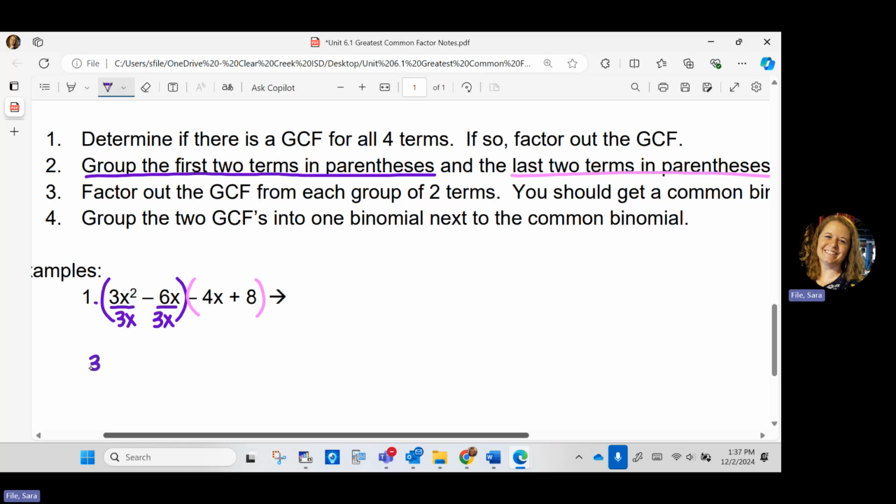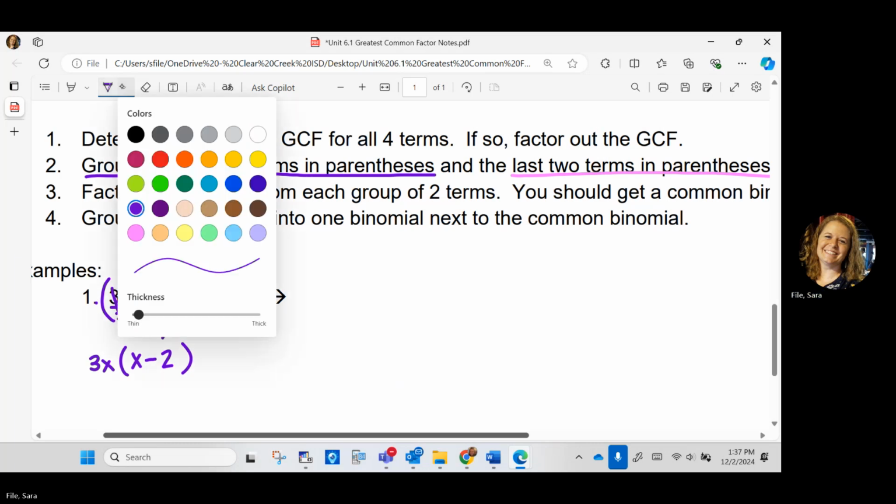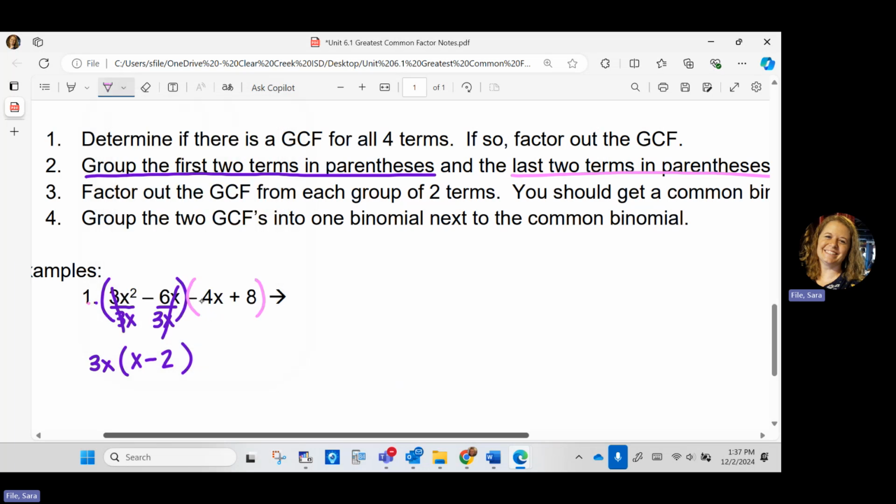So I'm going to put my GCF in front, and then in parentheses, what's left when I do that division. So 3 divided by 3, that's a 1. The x squared divided by x is x. And I've got a minus. And then 6 divided by 3 is 2. And those x's divide to just a 1. They reduce. So that's the GCF of the first group. Now I'm going to do the same thing with the second group. So 4 and 8 can both be divided by what?